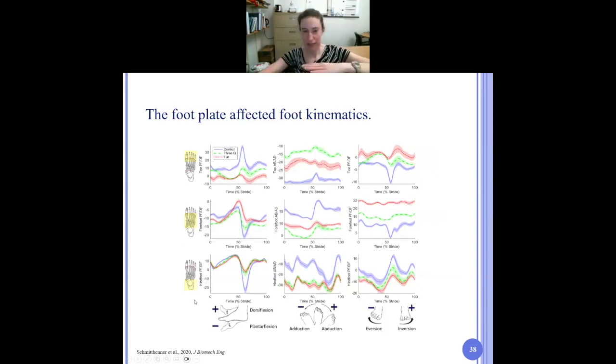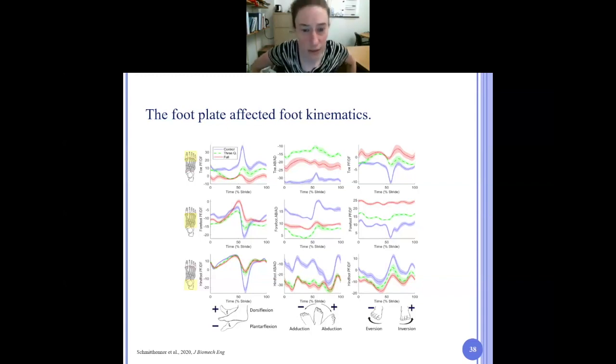Shifts in the data aren't meaningful because in order to transition between the different conditions, we had to remove the markers from the foot and then put them back on. The Oxford foot model is very sensitive to where the markers are placed, and even small errors in marker placement will shift the absolute angles. So the only thing that matters is range of motion.